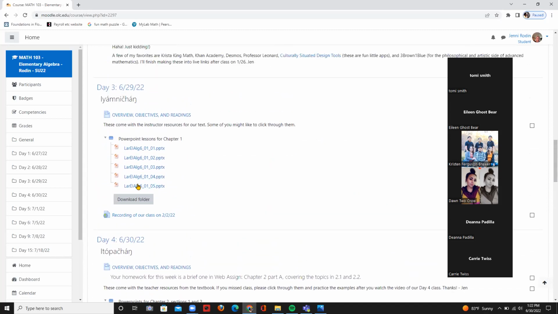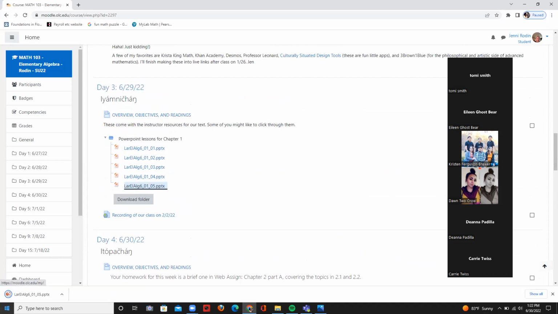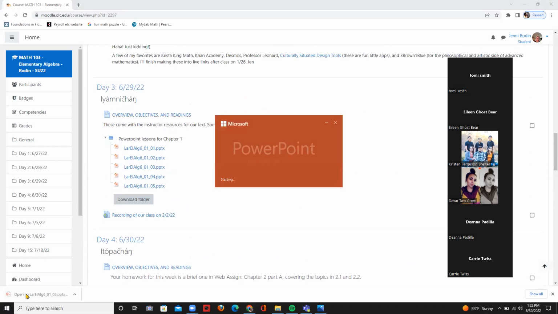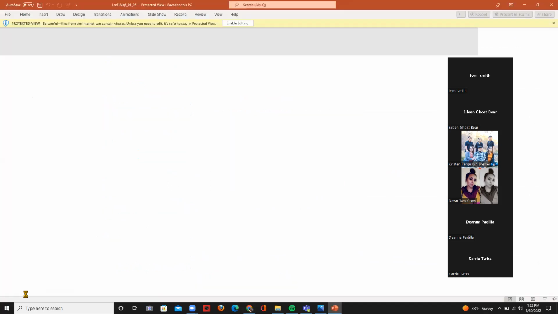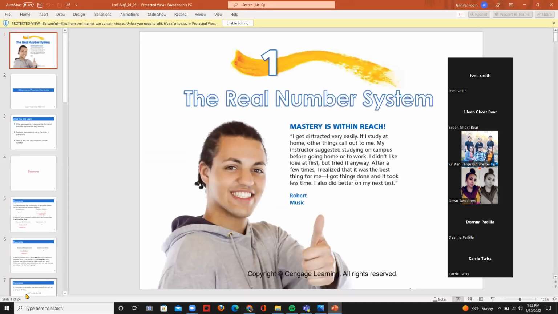What I wanted to look at is the chapter 1, section 5 PowerPoint, just so you could see what you have access to. These are just the PowerPoints from the textbook. I didn't do anything fancy to them, but some people really like them. I told the class on the first or second day how you could find the e-text in WebAssign and click through each section. That's nice too.